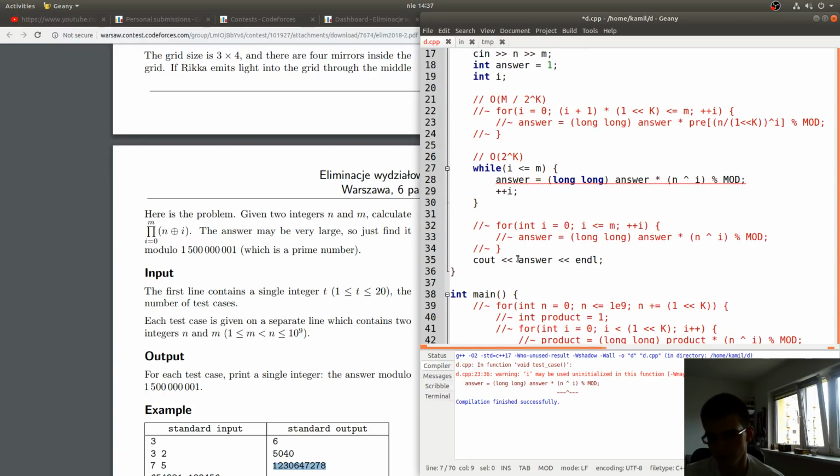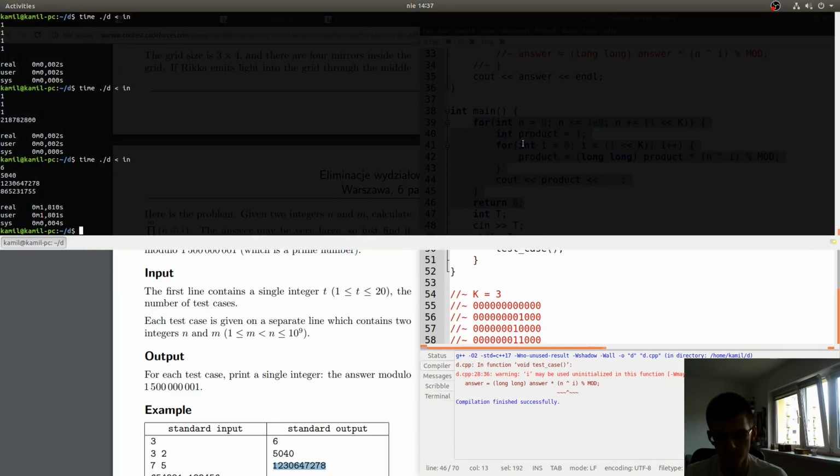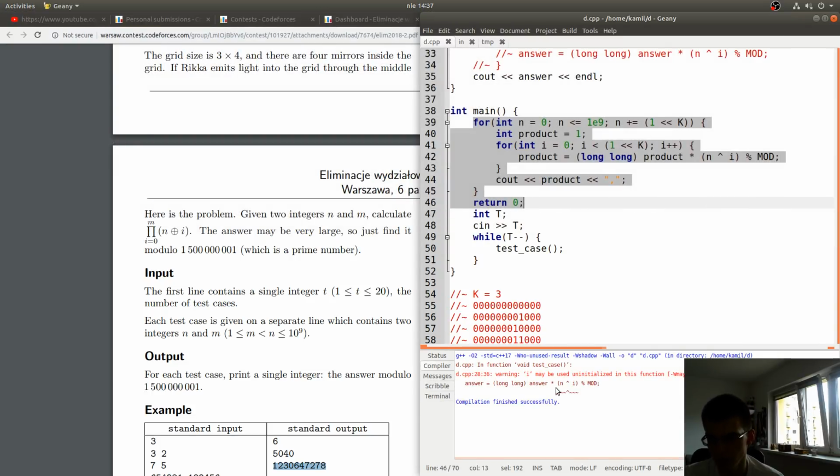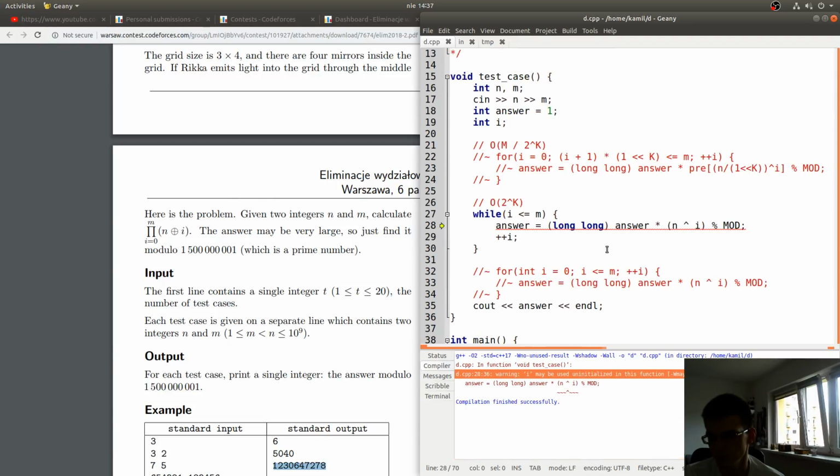So let's do that. Of course, we must repeat our preprocessing. Here my compiler, thanks to some flag, gives me a warning that i can be uninitialized. Let's see if it's possible.